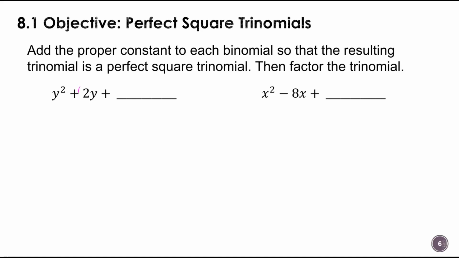So the way we do that is we take the coefficient of our middle term, 2, divide it by 2, and then square it. Well, 2 divided by 2 is 1. 1 squared is 1. And so 1 will complete the square, right? It makes a perfect square trinomial. Now, these always factor as (y + 1)².